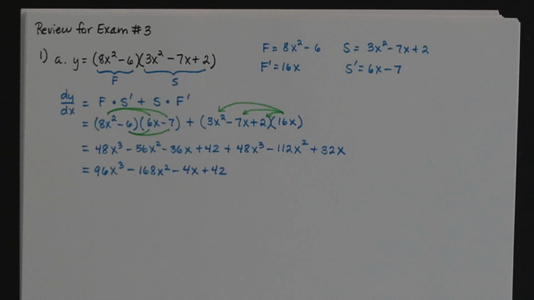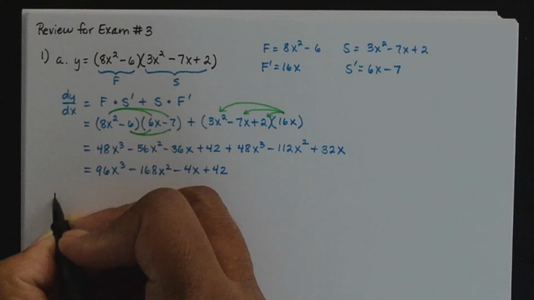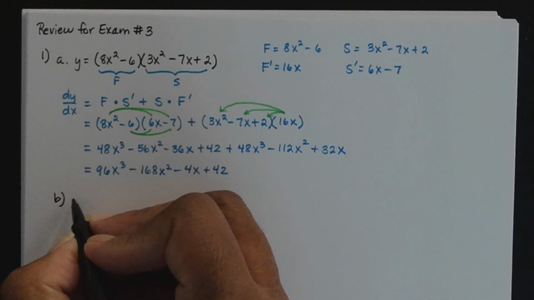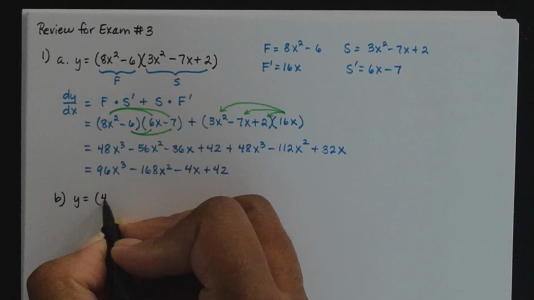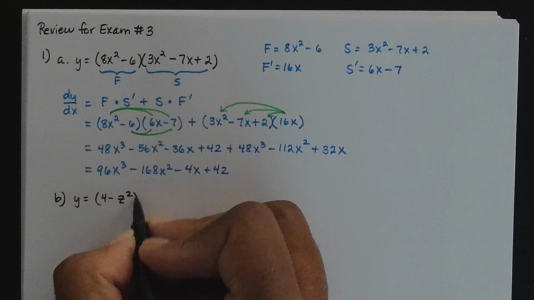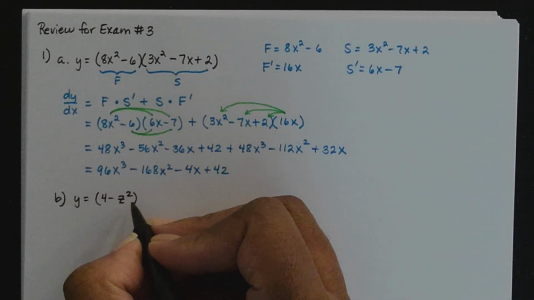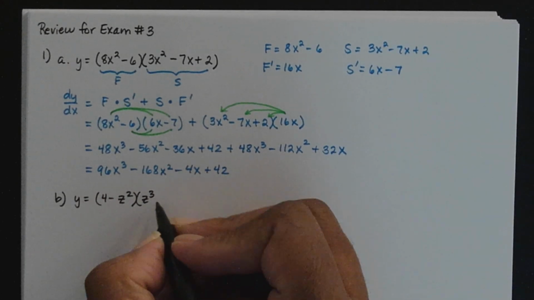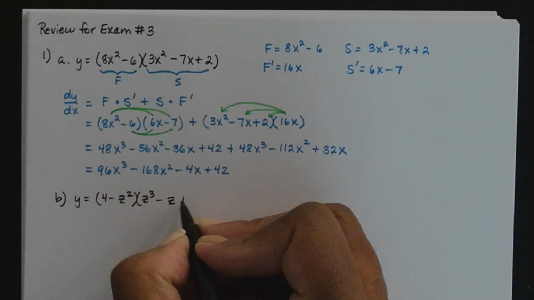Okay. Are there any questions about part A? All right, part B is this. Let's say we get y is equal to 4 minus z squared. And that's multiplied by z cubed minus z plus 5.